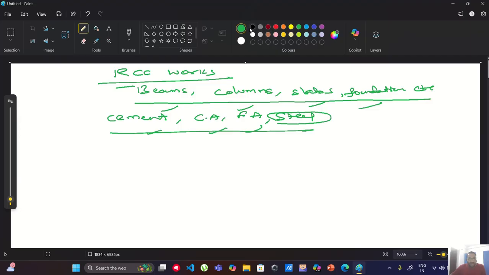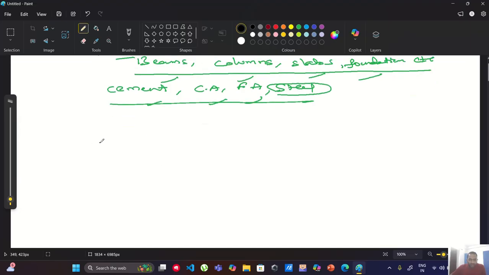One more point we have to keep in mind as per the IS standards. When it comes to beams, the percentage of steel as per IS 456 is between 1 to 2%.